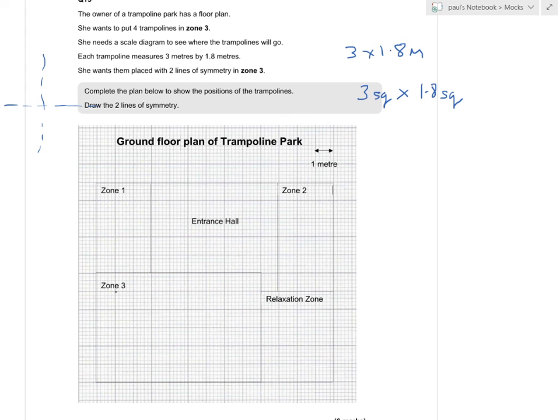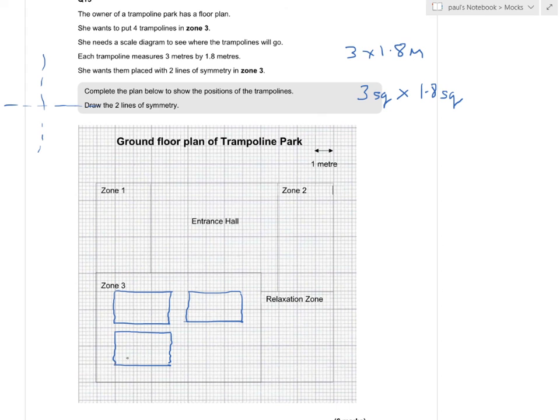So let's have a look. 3 by 1.8, and again a second one there, 1.8, and then we come down here and we go 3 by 1.8 there.